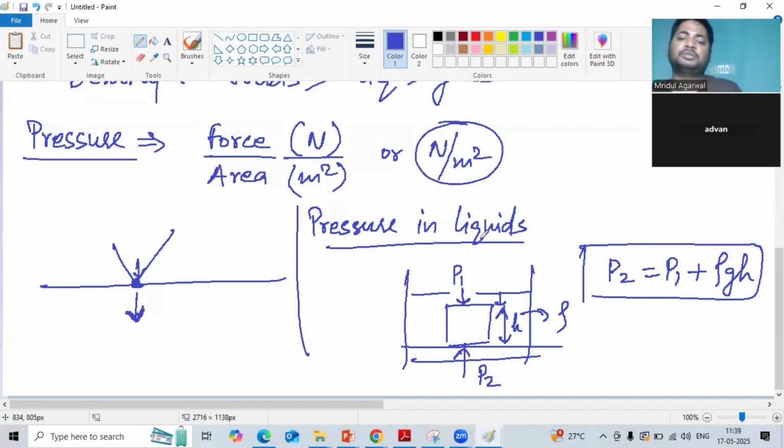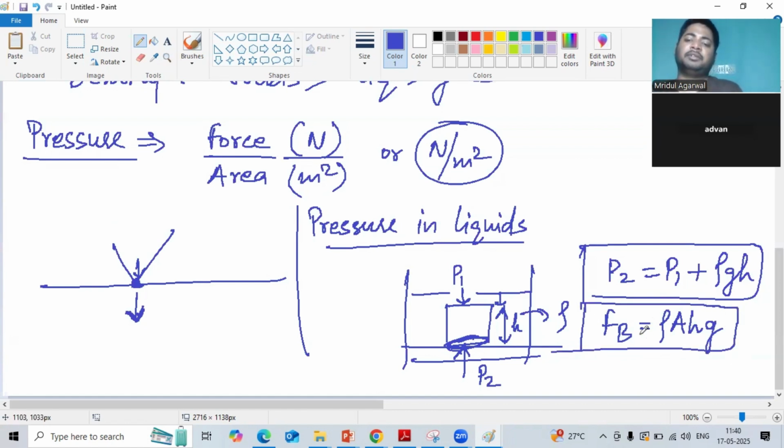This buoyant force will act in the upward direction, and it is given by F_B equals rho into cross-sectional area into height, rho A h into g. So the buoyant force is given by the weight of the liquid displaced, and that force will act in the upward direction.